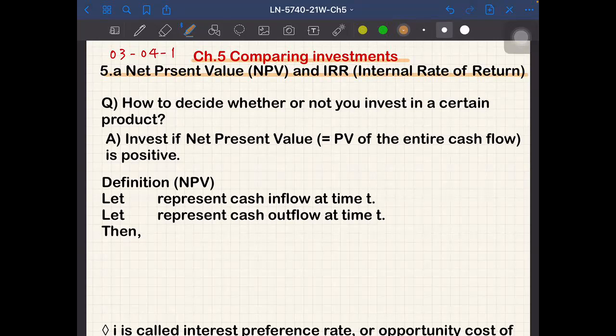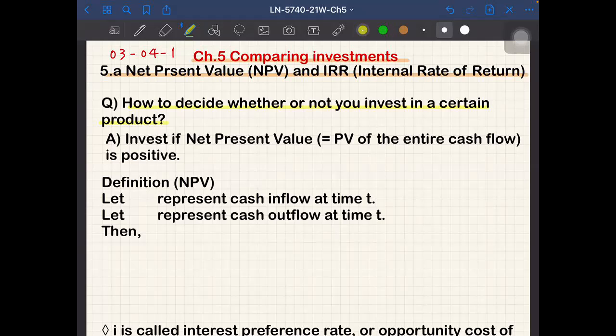So the question we want to answer is how to decide whether or not you invest in a certain product or a certain project. Maybe some insurance product, where the insurance company will get some money, then after that, they have to pay some amount later.